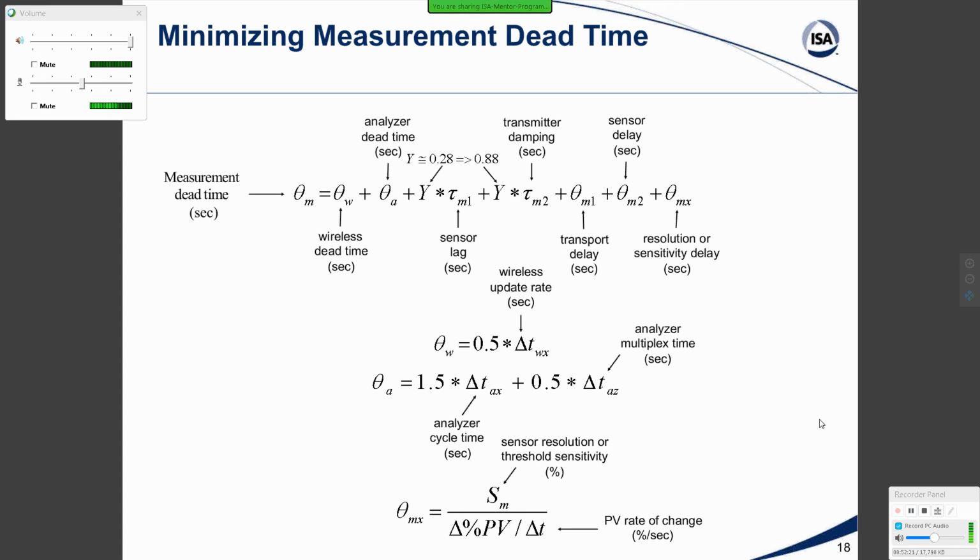Sensor resolution is pretty tricky. It's not understood or even recognized, and tough to estimate because you've got to know what the rate of change is of the process variable, because that's going to be the denominator that determines the dead time from the sensor resolution or threshold sensitivity.